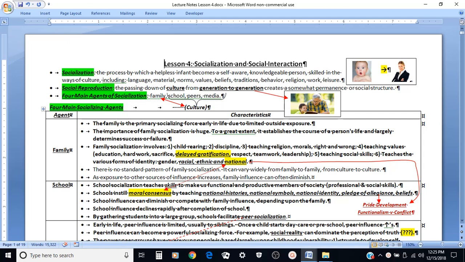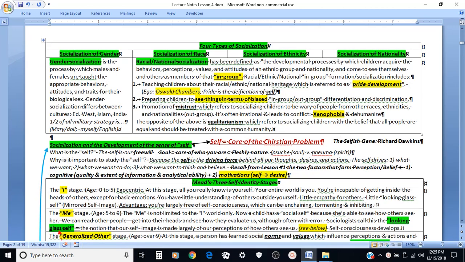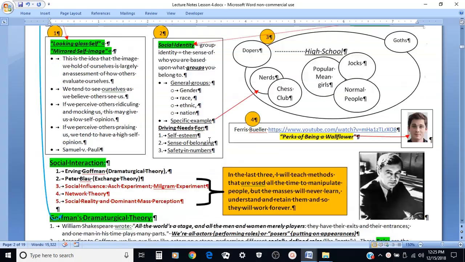Okay, this is the second lesson in my lesson number 4, which involves socialization and social interaction. In the last lesson we introduced the concept of socialization, defined it, explained the four main agents, reviewed some types of socialization, then discussed the concept of the self and why it's important.